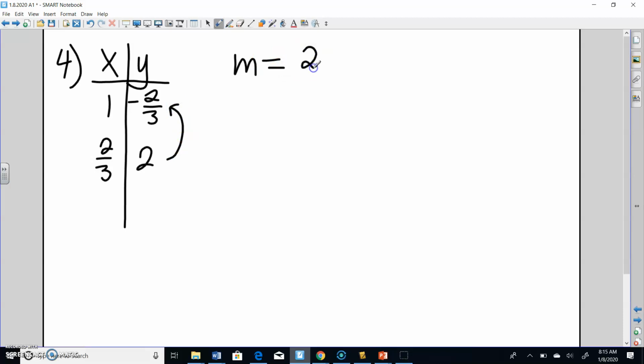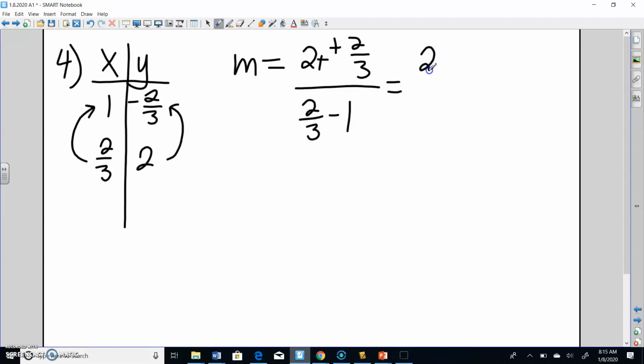So that's going to be 2 minus -2/3 over x2 minus x1. That'd be 2/3 minus 1. Minus a negative is positive, so that's 2 2/3, which is actually 8/3. And then this would be a -1/3.